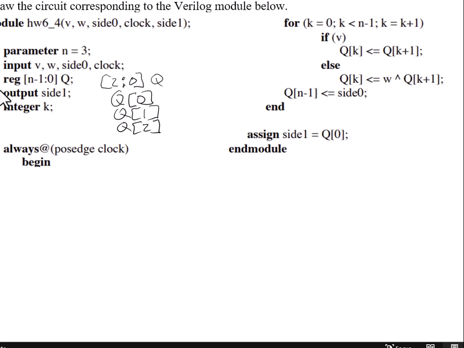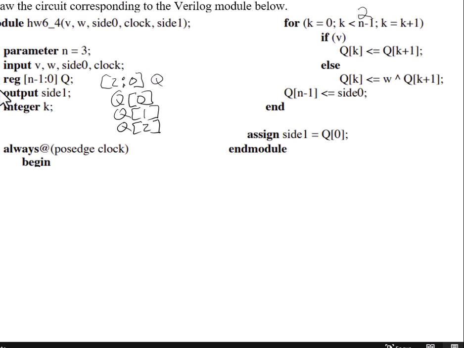First of all, since n was equal to 3, n minus 1 is 2. So for k less than 2, this means k equals 0 or k equals 1. And then if v, then q of k becomes q of k plus 1, else q of k becomes w or q of k plus 1. Or is that an exclusive or?